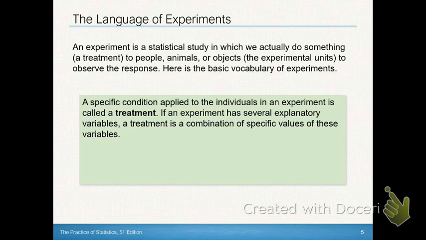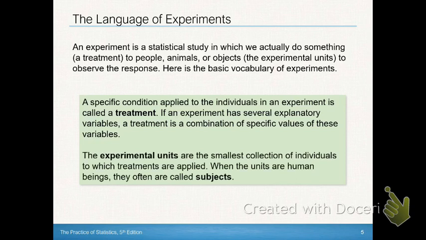They're not going to be allowed to quit. They have to keep with it. And then these other 10 students, they're going to be forbidden from playing a musical instrument. So that would be the treatment, is whether or not they are assigned to play a musical instrument. The experimental units would be those students, also sometimes called the subjects.